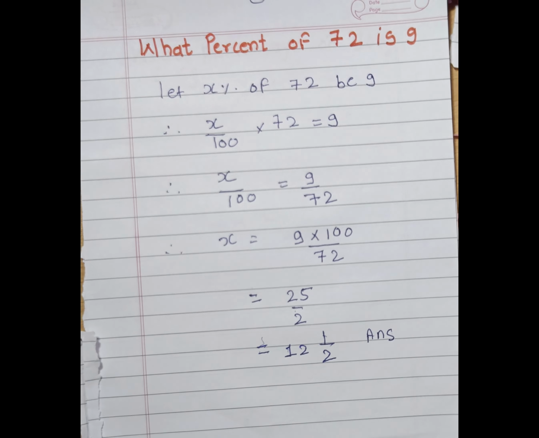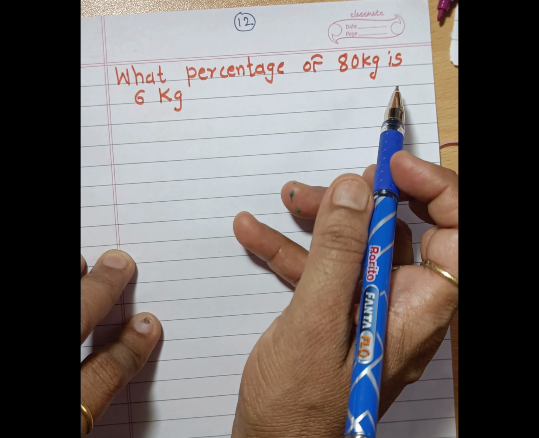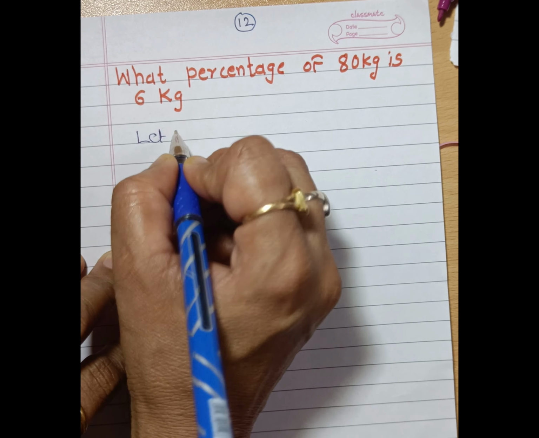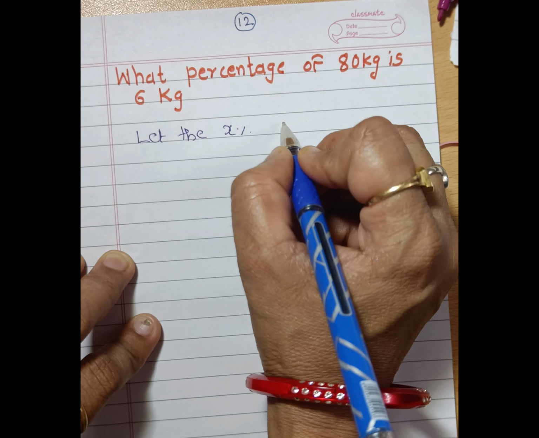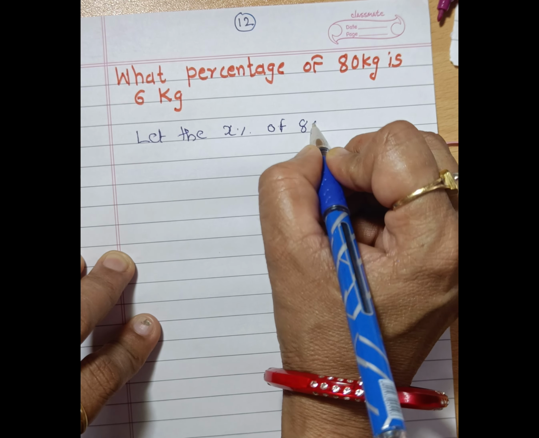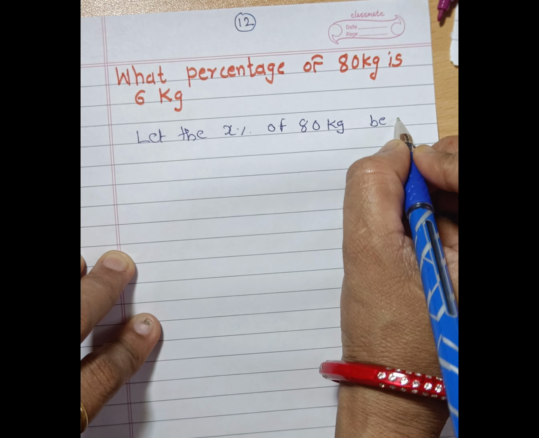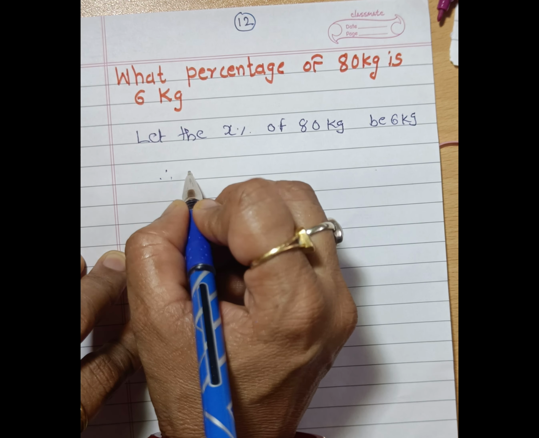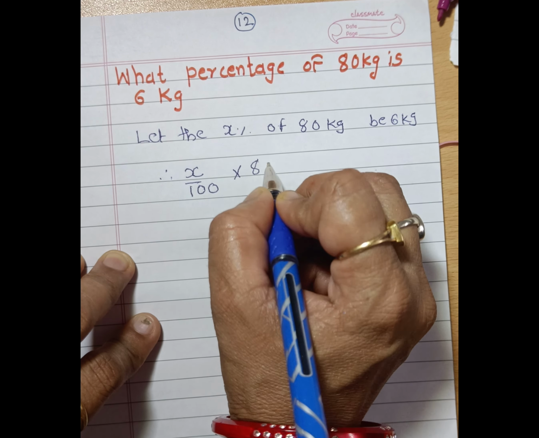Now we will find what percentage of 80 kg is 6 kg. Let x percentage of 80 kg be 6 kg. Therefore, x by 100 multiplied by 80 is equal to 6.